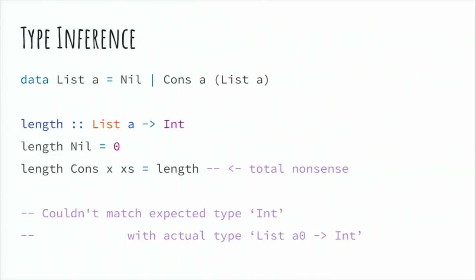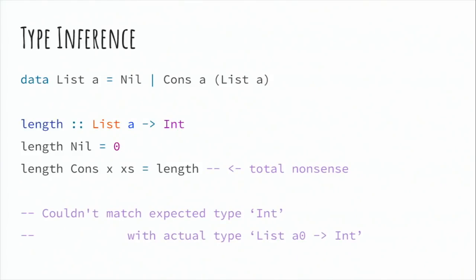And even if we put total nonsense in there, then the compiler says, oh, no, I couldn't match int to this function type. There's an error in there, which means a function that turns a list A0 into an int.